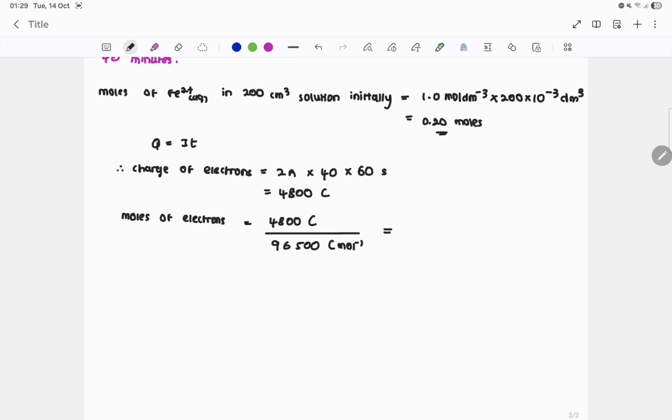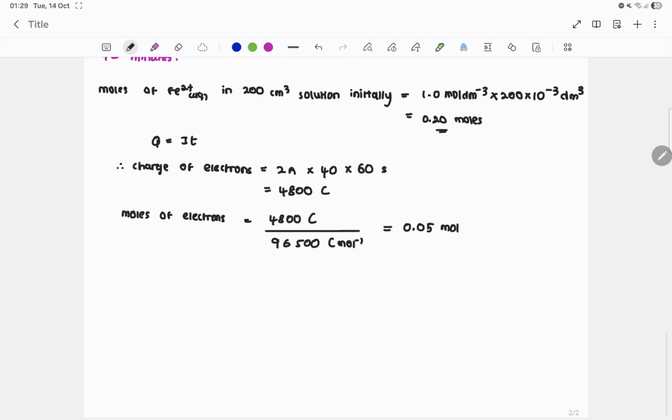Let's use the calculator: 4800 divided by 96,500, around 0.05. So 0.05 moles of electrons.